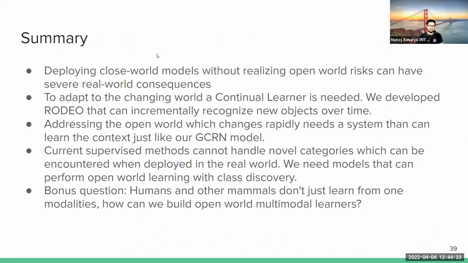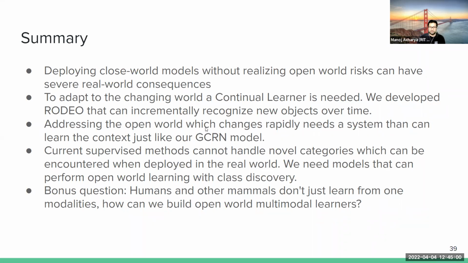So to finally summarize, deploying closed world models without realizing open world risk can have severe real world consequences. We have seen a lot of examples of this during recent times. To adapt to a changing world, we need a continual learner, right? And in Rodeo, we develop a continual object detection system that can recognize new objects over time.